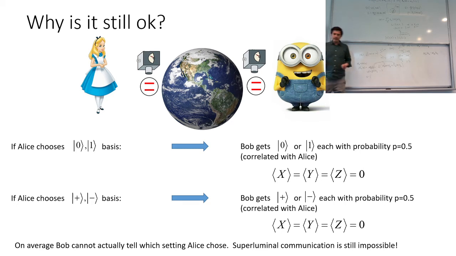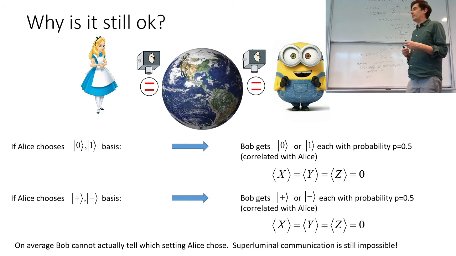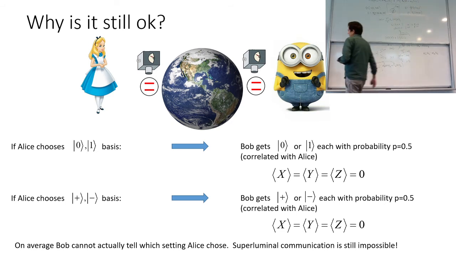But the key point is that, and this is how you get around Einstein's faster-than-the-speed-of-light kind of thing, is that, yes, but it's completely random. So it's 0 and 1, so the states are definitely different from this other case, but it's random.